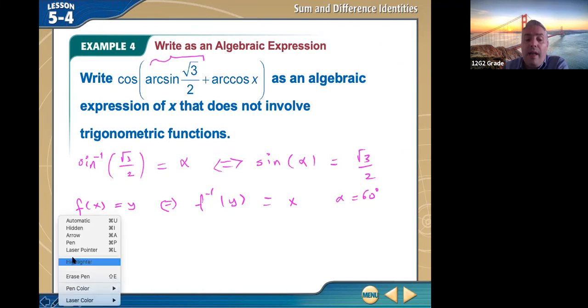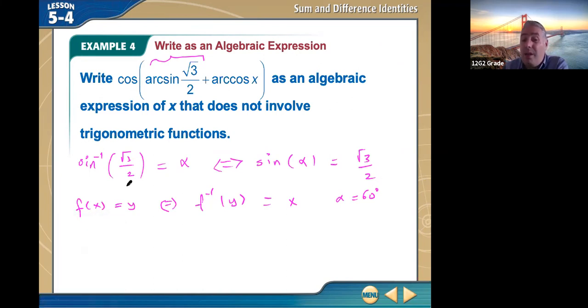And when we talk about arcsine, we are just working between negative pi over 2 and pi over 2. So our answer must be in the first quadrant or the fourth quadrant. In the first quadrant, alpha is only 60 degrees.